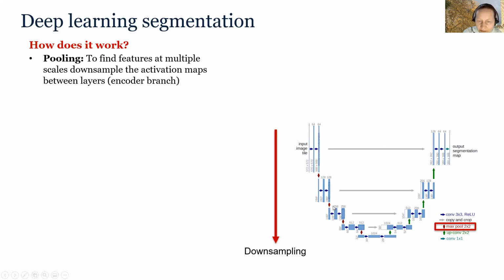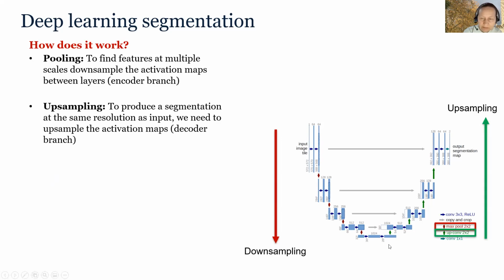That's this red arrow, and this is called pooling. We can do pooling by taking the maximum activation from the local neighborhood, or we can average the activation maps from the local neighborhood. This branch where we downsample at each level is called the encoding branch.